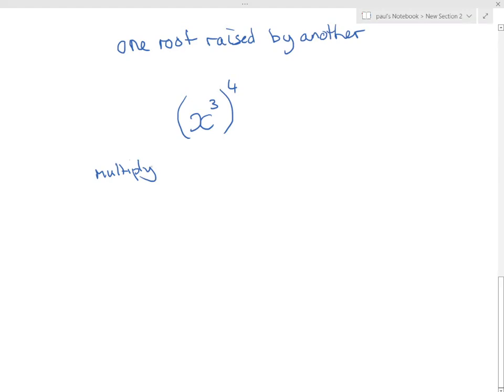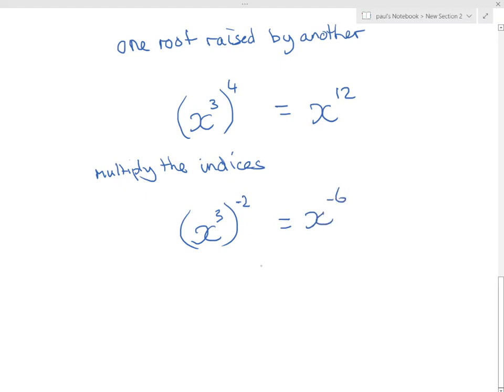Multiply the indices. So that will be equal to x to the 3 fours are 12. Yeah, x to the 3 raised by minus 2. Multiply the indices. 3 times minus 2 is minus 6. Yeah, happy with that? Good.